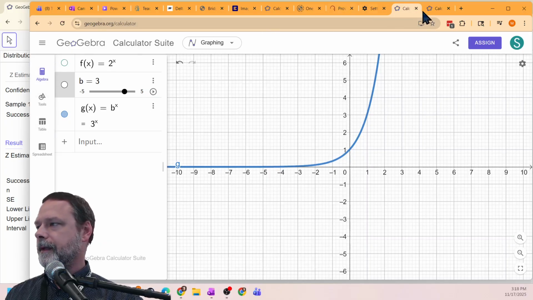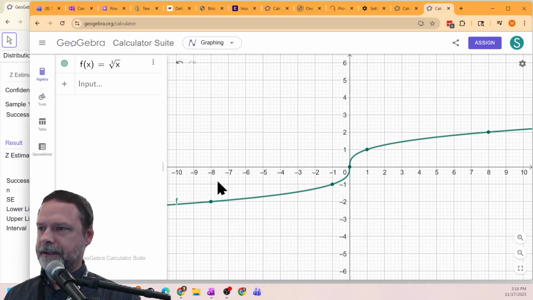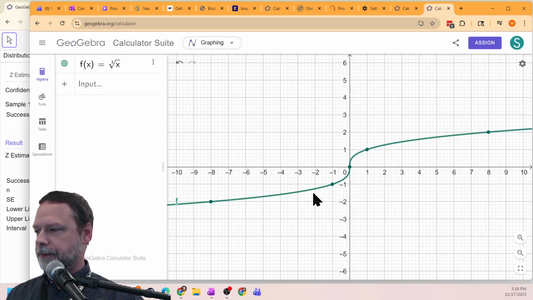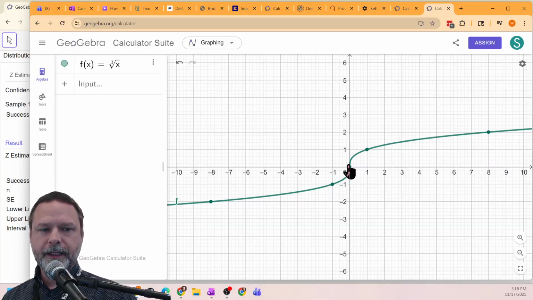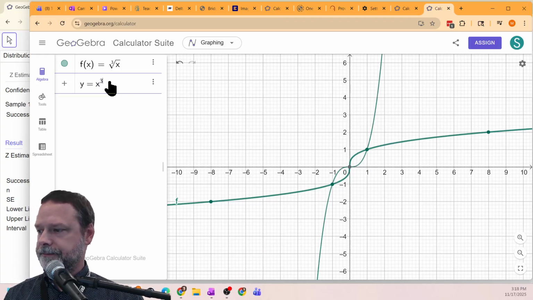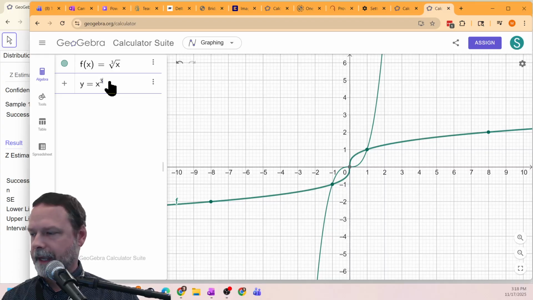Okay, one more function I want to look at is our cube root function. So we got the cube root function here. F of x equals the cube root of x. And it is literally like the inverse of y equals x cubed. There's y equals x cubed.